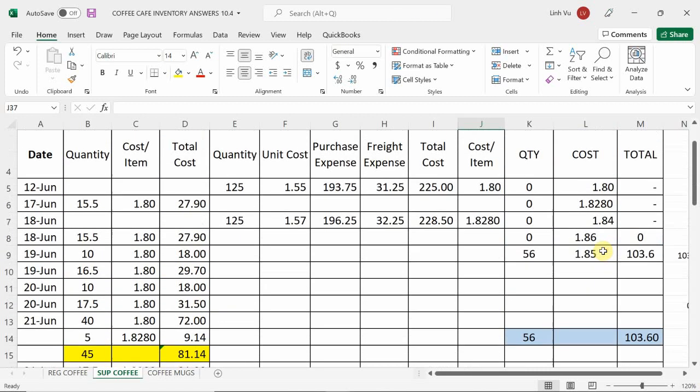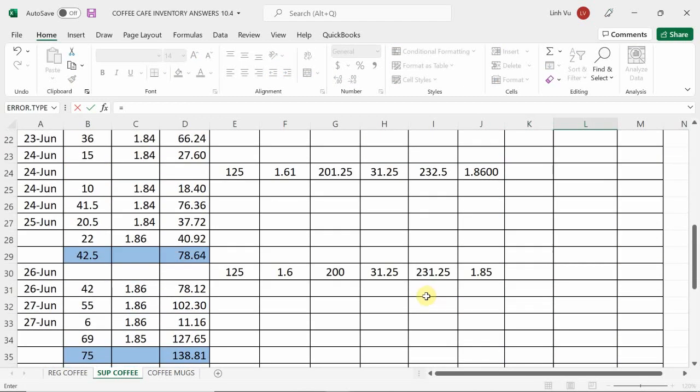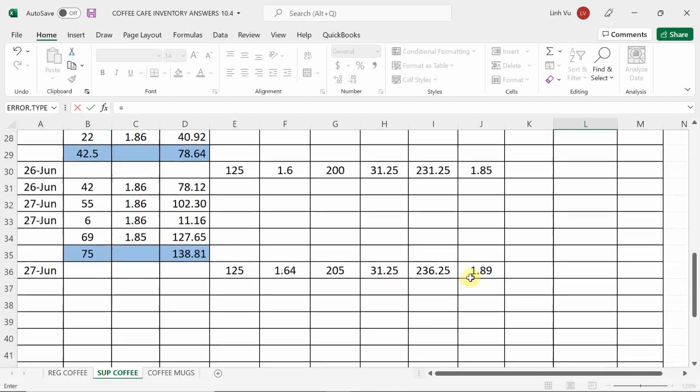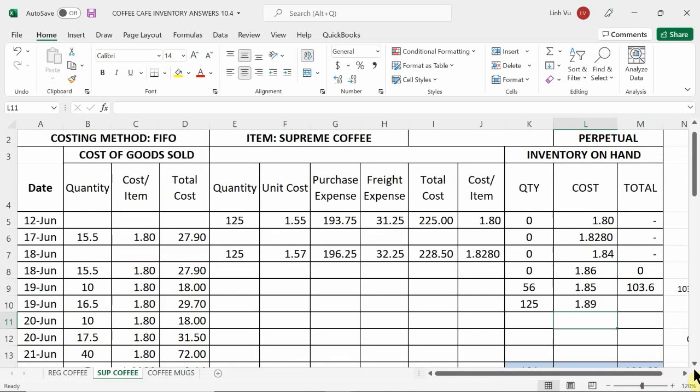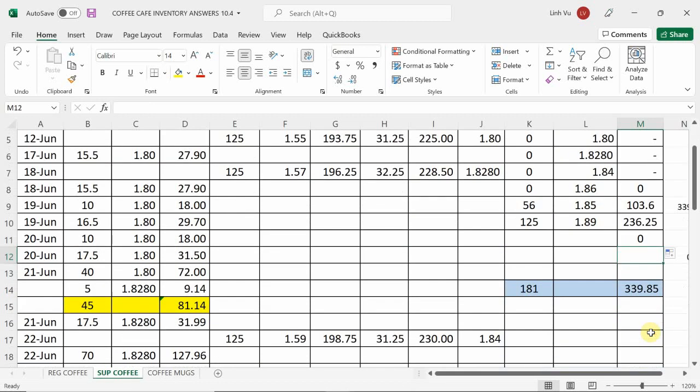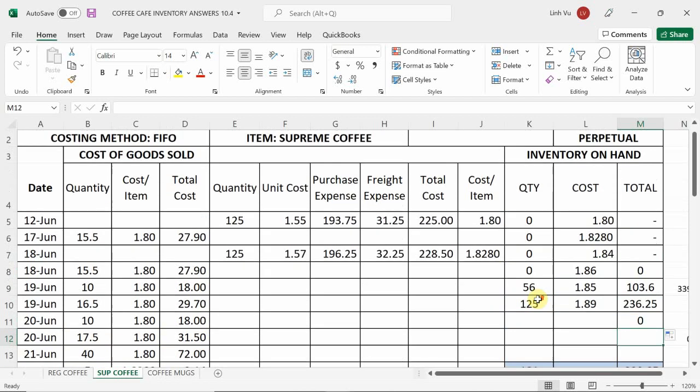So plug that into your inventory on hand, giving you a total of $339.85. Okay. At 181 pounds.